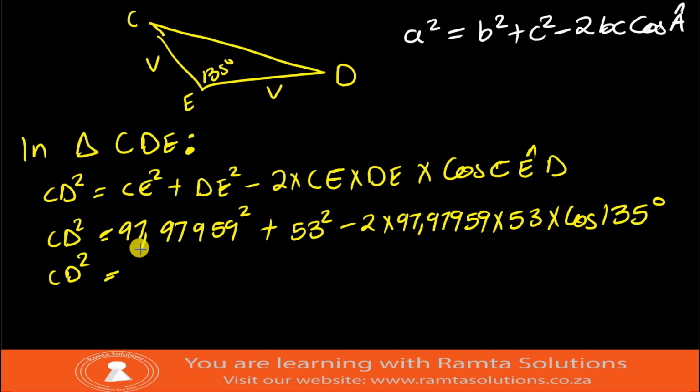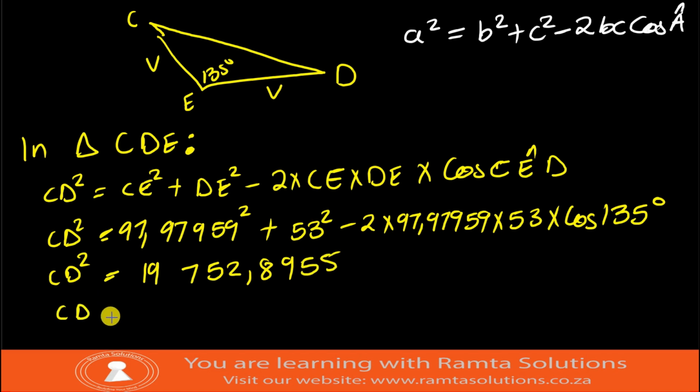Now let's find it. 97.97959 squared plus 53 squared minus 2 into 97.97959 times 53 times cos 135. What is our answer? Our answer is 19,752.8955.